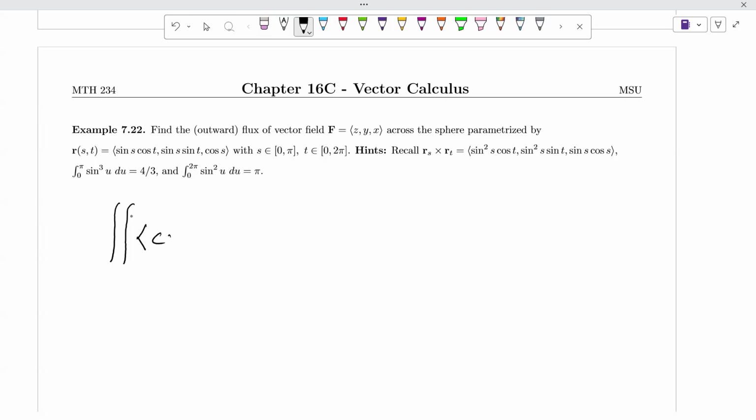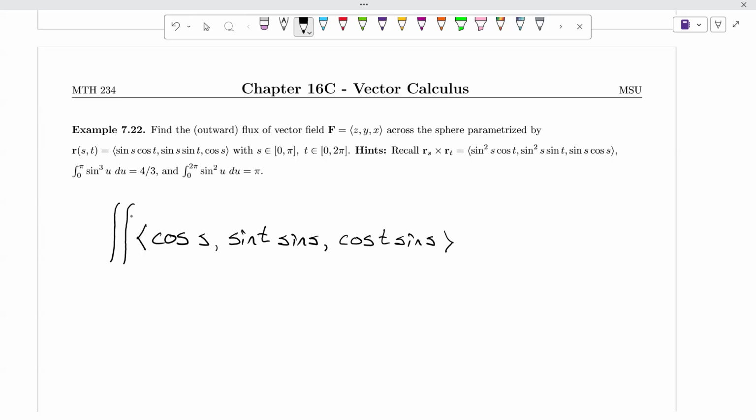Z is cosine S. Y is sine T sine S. And X, which comes last, is cosine T sine S. And here I just wrote it so that all of my T's would come first.